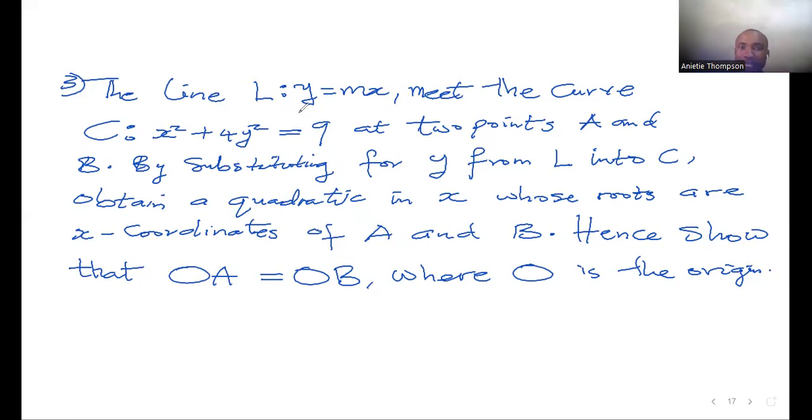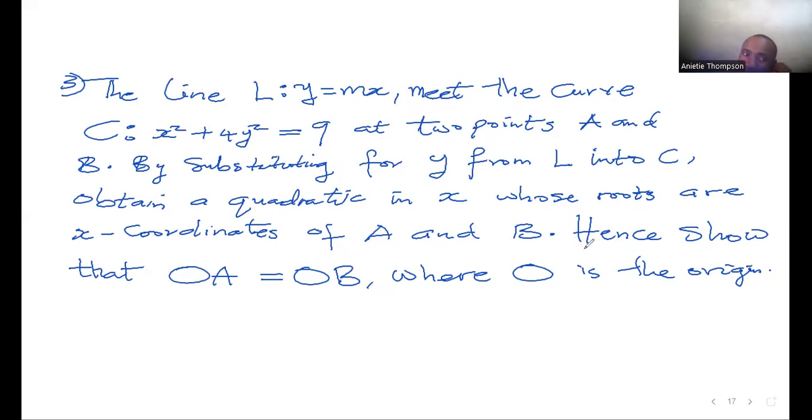The problem says the line L, y equals mx, meets the curve C, which is x squared plus y squared equals 9, at 2 points A and B. By substituting y from L into the curve C, we obtain a quadratic in x whose roots are the coordinates of A and B. So we will obtain those roots and see what the values are.